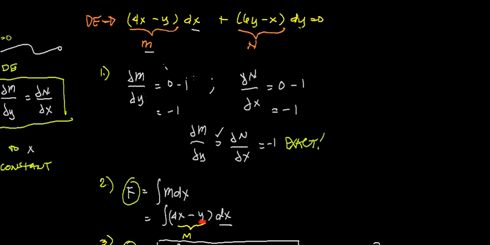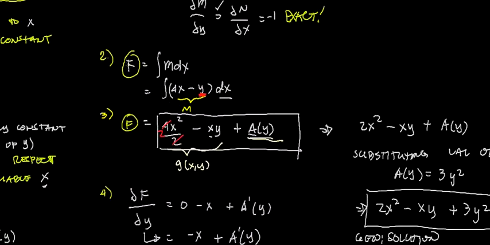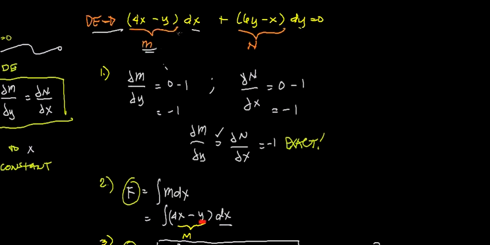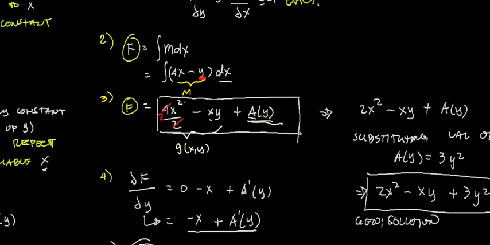And by checking, we need to test if this is exact by doing the partial derivative of M with respect to y and the partial derivative of N with respect to x. And if the two yield the same value, then the given differential equation is exact. And if we prove that this is exact, we perform this. We integrate M dx. By integrating this, we have this function plus A(y).